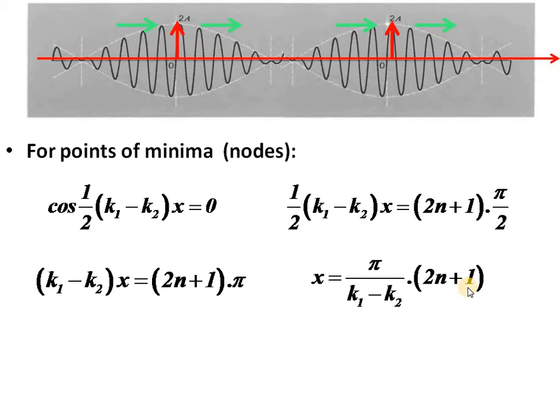It is obvious. At these points, whenever x satisfies this value, y will be 0. We call it x minima.